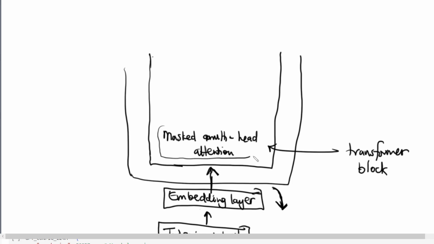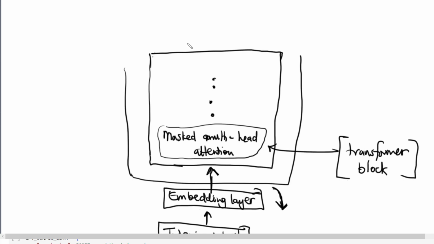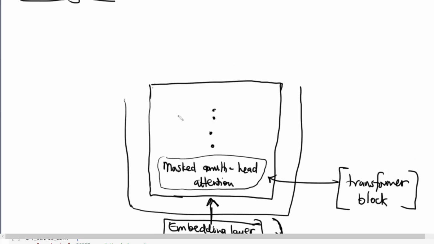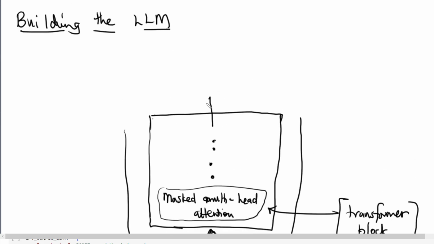And now there are other parts of this transformer block that we are going to discuss to finish building it. Because once we discuss those, they will then pass this to the output layers, and the output layers will do what they do.